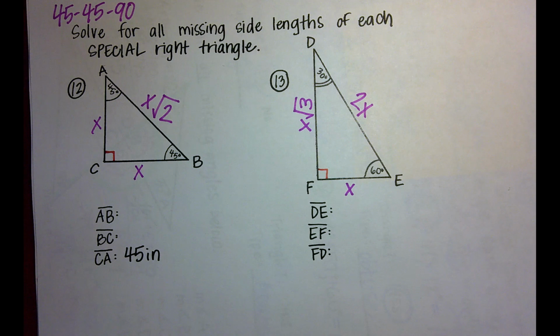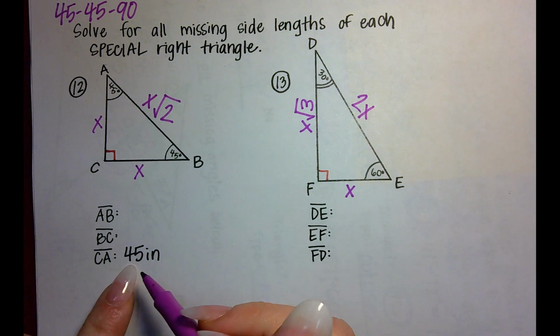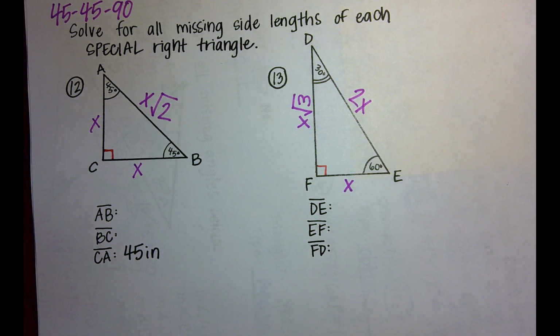How did you know that? They're the same. They're both labeled with an X. As we see our values, what is super helpful is to label your picture as much as possible.